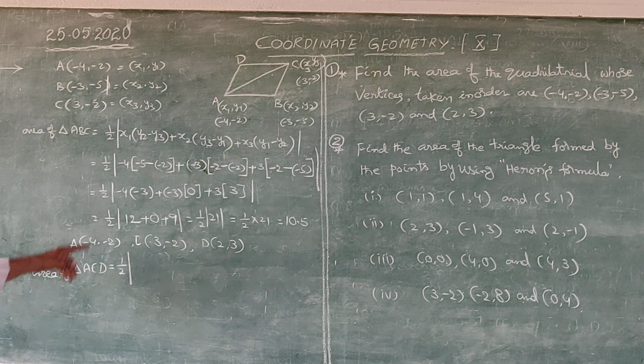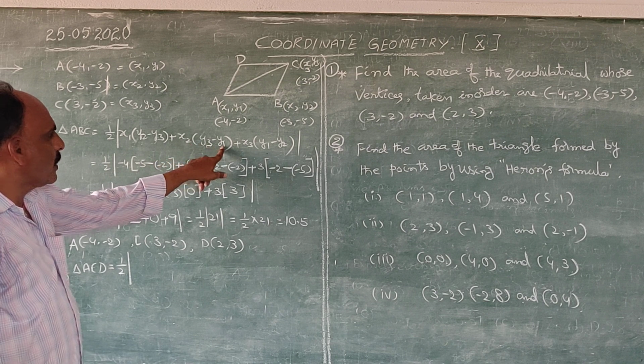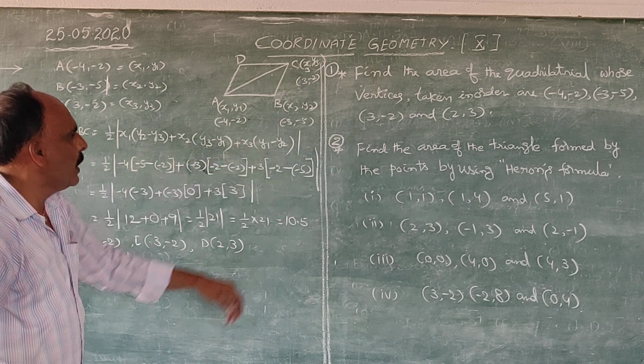Now take the same formula: half modulus of x1 into (y2 minus y3) plus x2 into (y3 minus y1) plus x3 into (y1 minus y2).